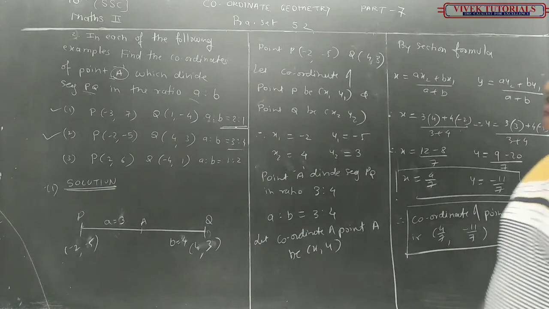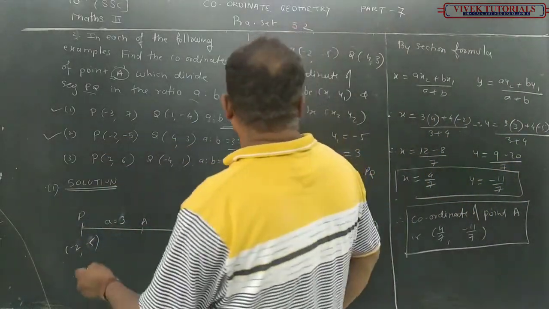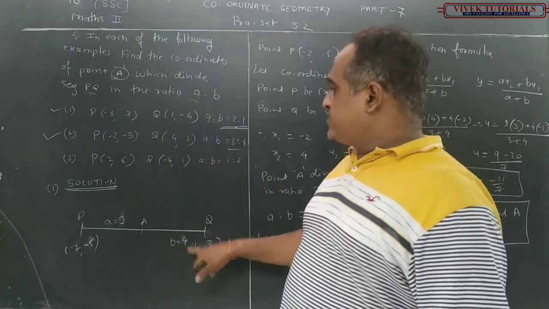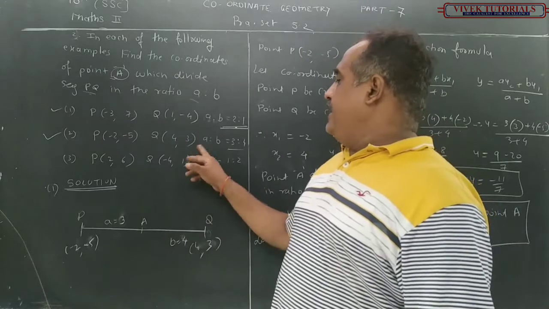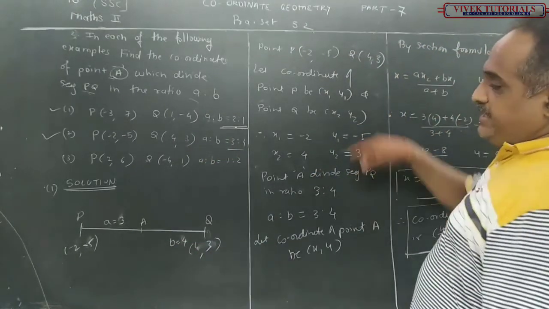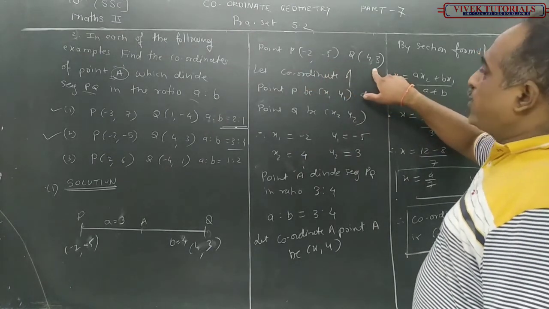See once again, value of P is minus 2, minus 5 and Q is 4, 3 and dividing ratio 3 is to 4. Point P is minus 2, minus 5. Q is 4, 3.